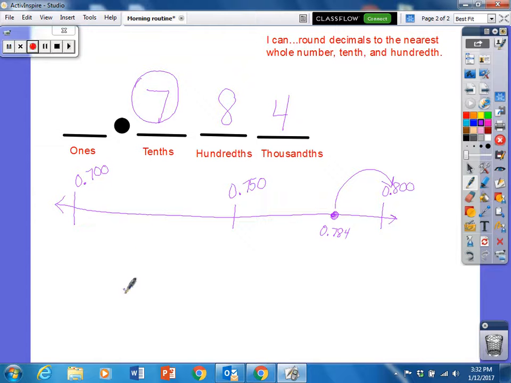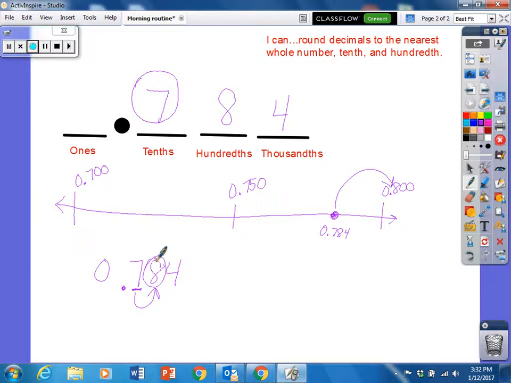If we wanted to use this same number and use a rounding rule, we would write our number, underline our place value of tenths, and look next door. And remember, our rule is 5 or more, add 1 more, 4 or less, just ignore. So our 8 is going to tell us what to do. Is our 8 5 or more?